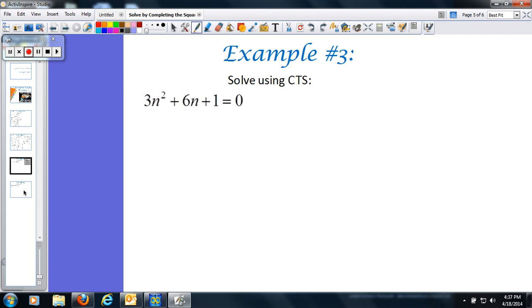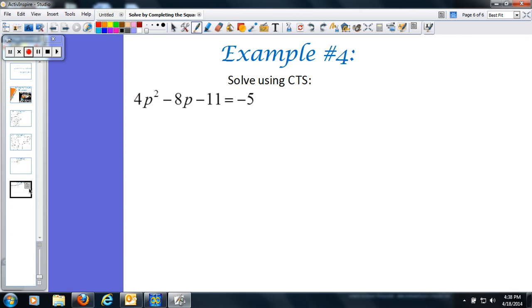And example number 4 says you're going to solve again using CTS, and the equation is 4p squared minus 8p minus 11 equals negative 5.